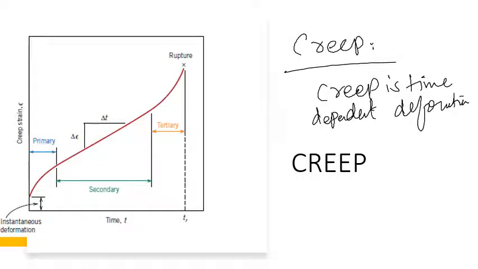The y-axis is the creep strain and the x-axis is time, right? So let me explain what the creep strain is. Let's say there is a machine operating in a factory environment. This is a shaft and this is the motor, and it is connected with the shaft. There are bearings, there are gears, a lot of these.